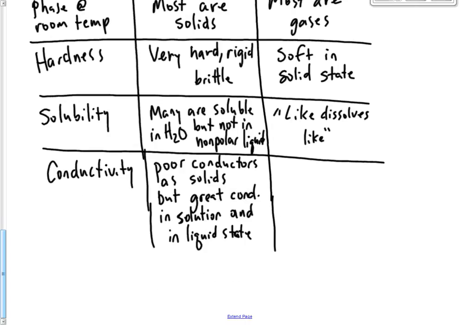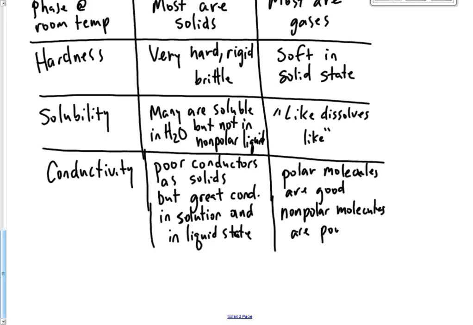And then conductivity: polar molecules are good conductors. Nonpolar molecules are poor conductors.